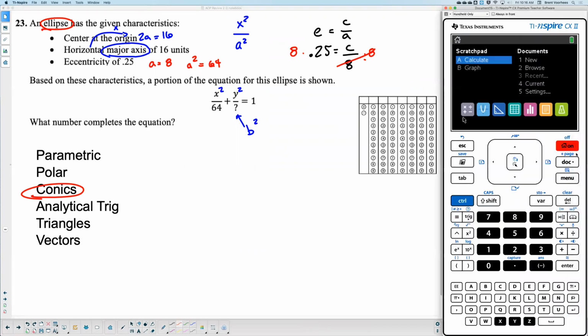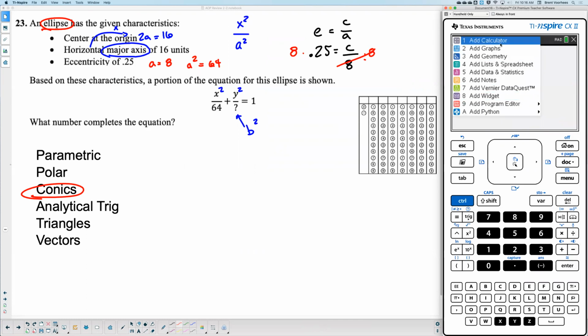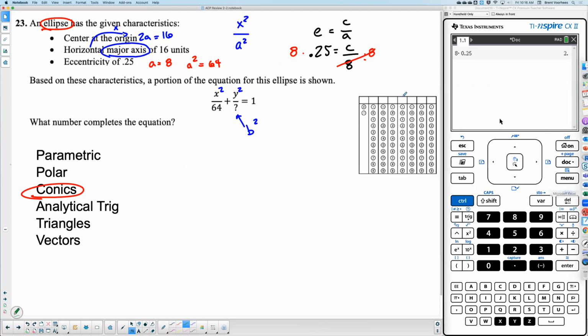But I imagine a lot of you know. It's not 4. 8 times 0.25. C is 2. Okay, C is 2. You'll always need C squared. Just plain out simple. So if C is 2, what is C squared? 4.